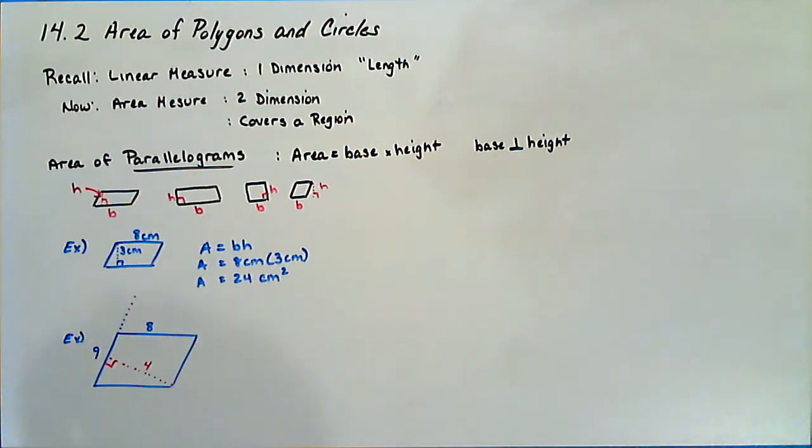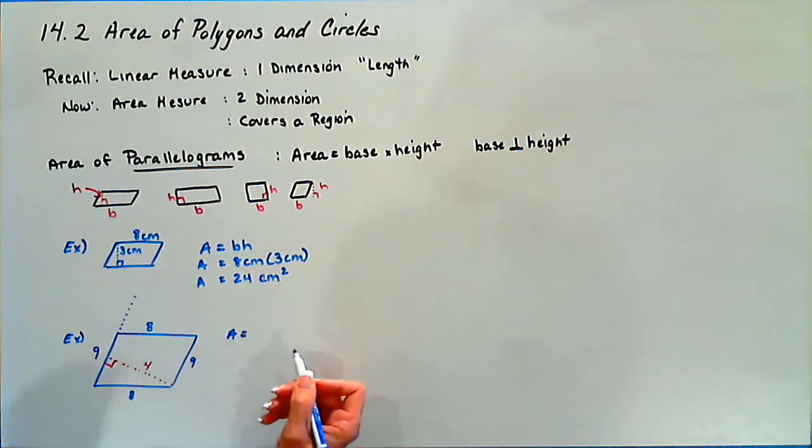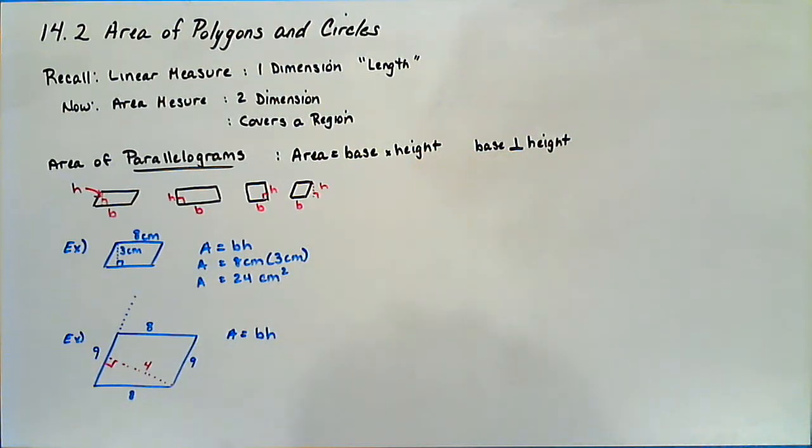So we analyze the shape. The shape is still a parallelogram. We're either given that, or I'll tell you it is by giving you all of these pieces of information. Opposite sides are parallel, opposite sides are congruent. So we know since it's a parallelogram, it's automatically base times height. So in this case, it's trying to determine which one's the base, which one's the height.